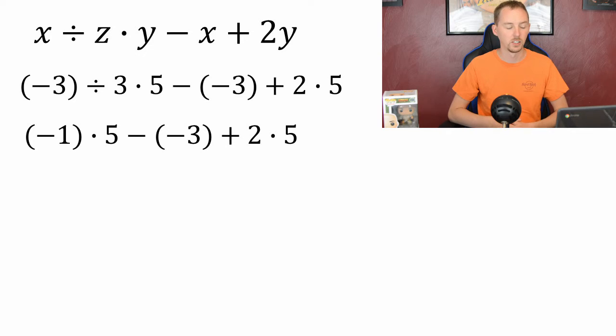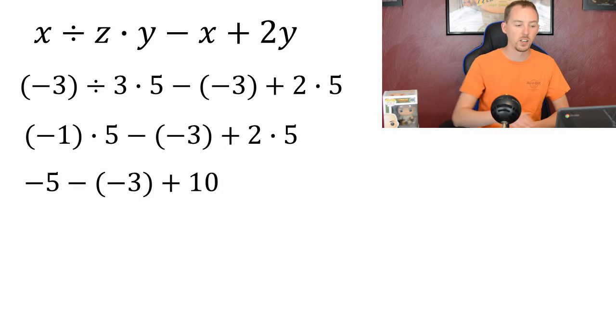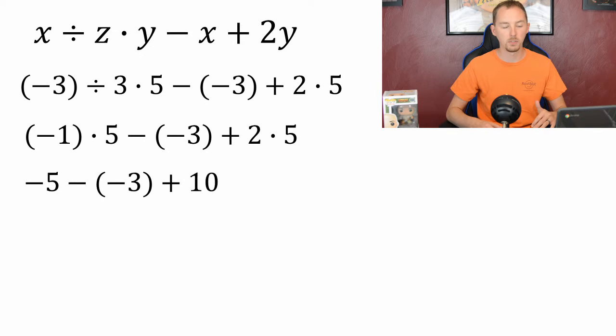Then we're going to do the multiplication. So that's -1 times 5. And because there's multiplication all the way at the end, we can actually do that at the same time, because when we do that, it doesn't have an effect on anything else. So now that gives us -5 minus -3 plus 10.